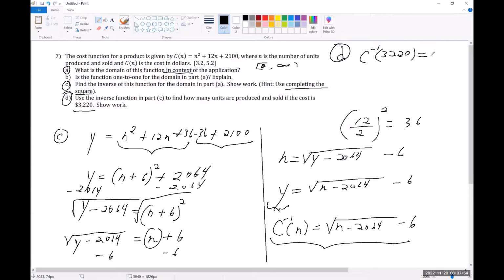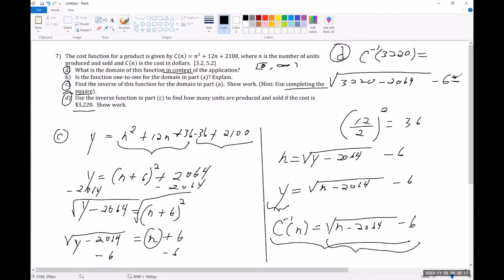Okay, nice. All right. So I'm gonna plug it in on this side, right? So it's the square root of 3220 minus 2064, and I went a little farther because I need to take away the 6.